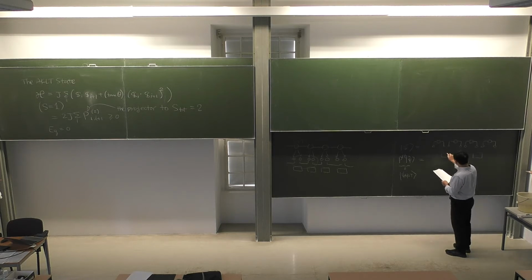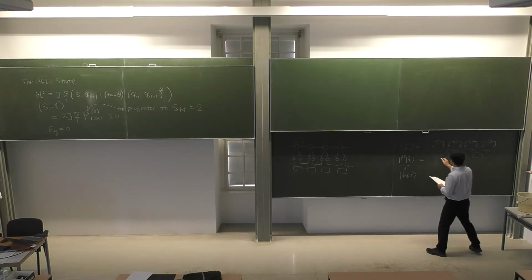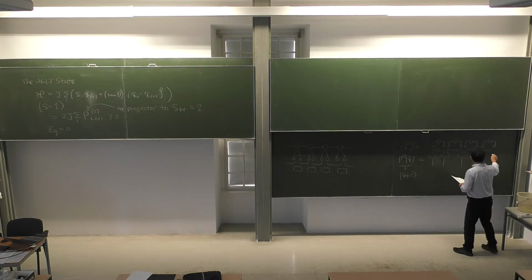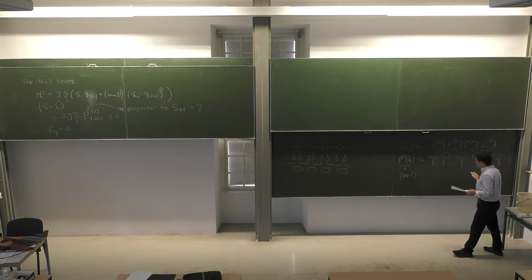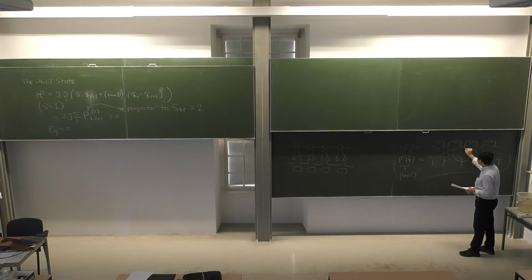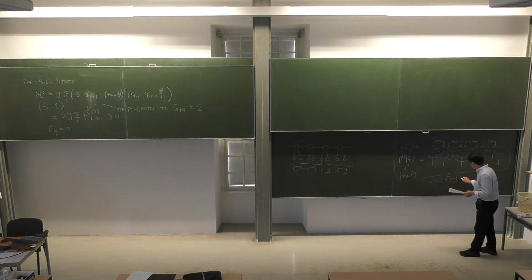So basically, the AKLT state can be represented by a diagram like this. If you redefine this part as a single tensor, then you get the regular matrix product state representation of the AKLT state.